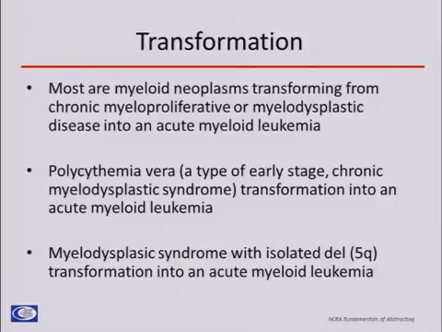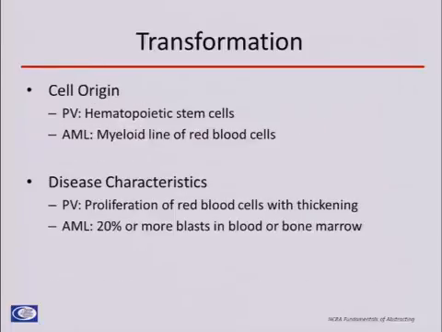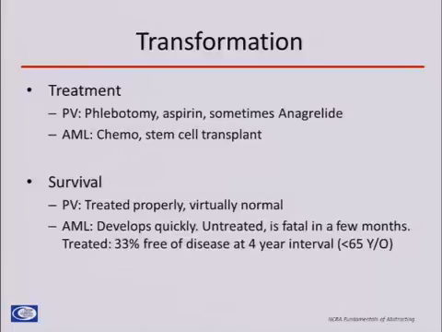All of your transformations will be in the myeloids. There are no lymphoid transformations. There's only progression. And most of them go from a myelodysplastic condition like chronic myeloid leukemia or polycythemia vera to acute myeloid leukemia. That's the typical progression. And treatment obviously changes.